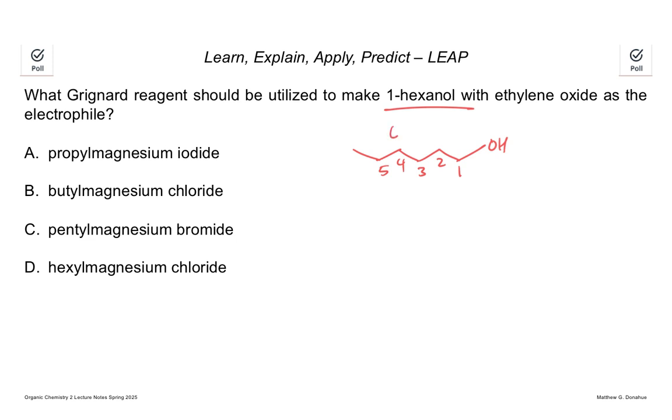So this has 6 total carbons. Ethylene oxide supplies 2 carbons. So based on that information, which Grignard reagent should we use? The 4 carbon chain, so B, butyl.